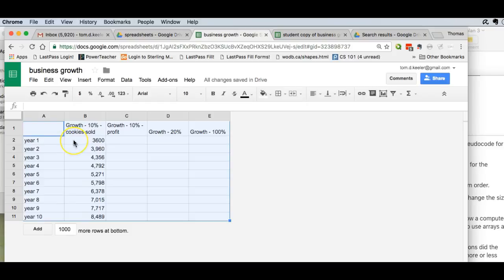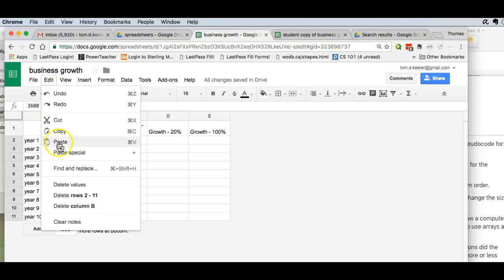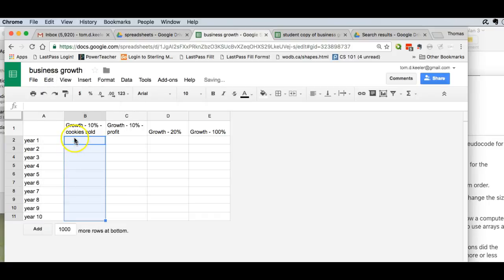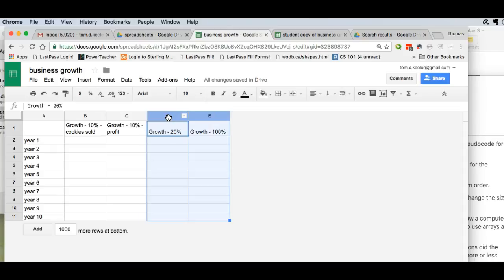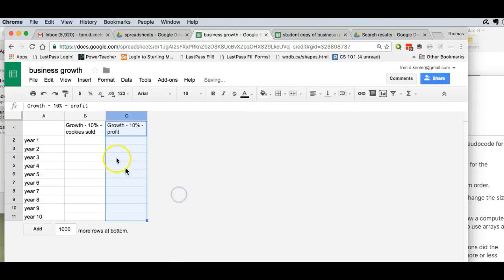So in here we have our tab of 10%, and let's just delete the values that are in there, and let's go grab our value, and we don't need these, so we'll put that in a separate one. So let's see what happens, and we'll use the values from the other spreadsheet so you can get some practice doing that.